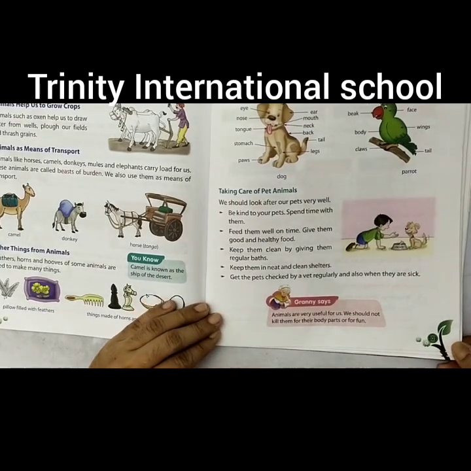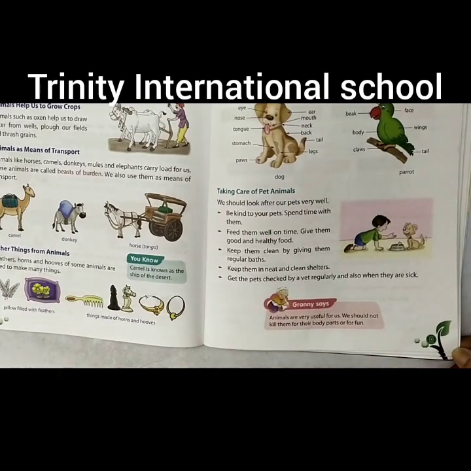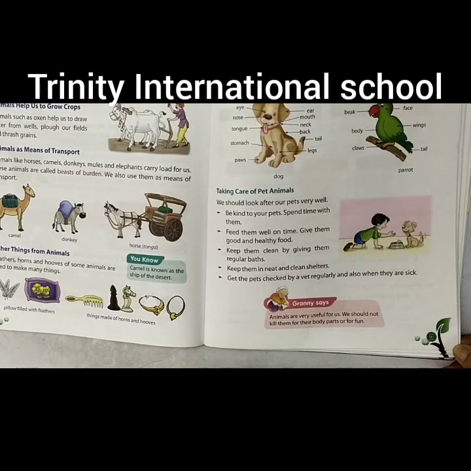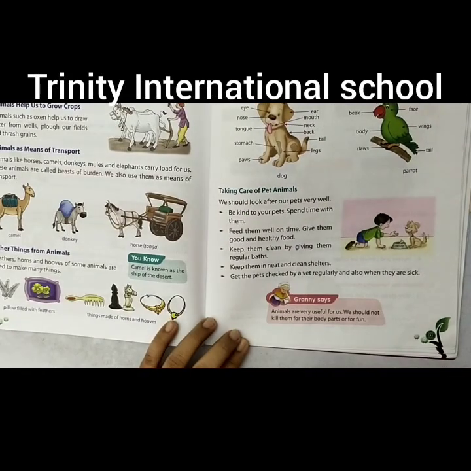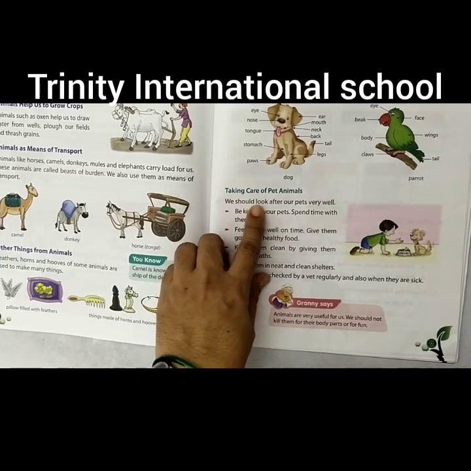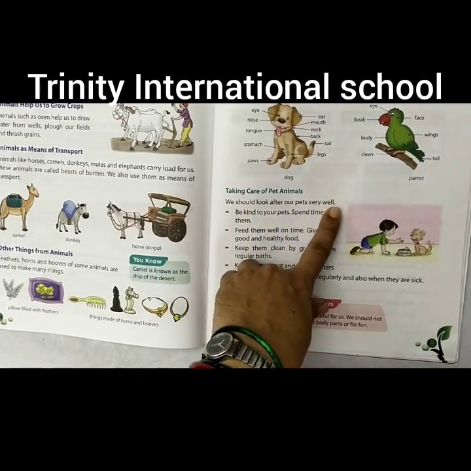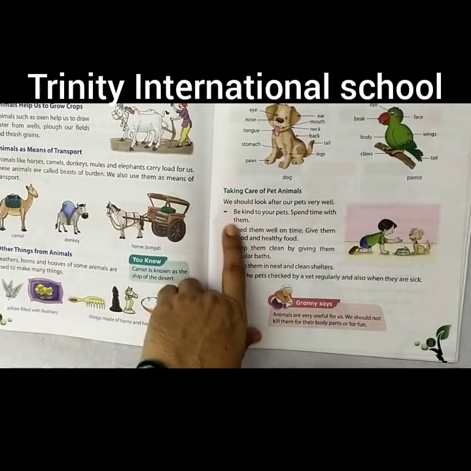Otherwise, if you are not able to take care of these pets, you should not keep the pets, okay. So let us see which are the different things, or which are the different ways you should take care of pets. So let us see which are this. We should look after our pets very well. Be kind to your pet, spend time with them.